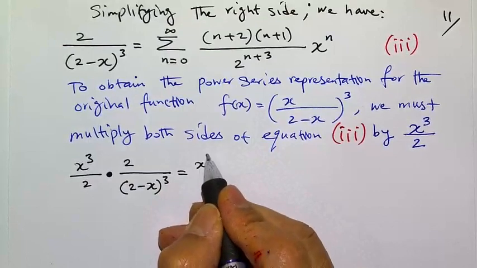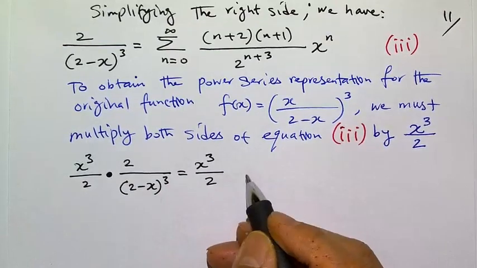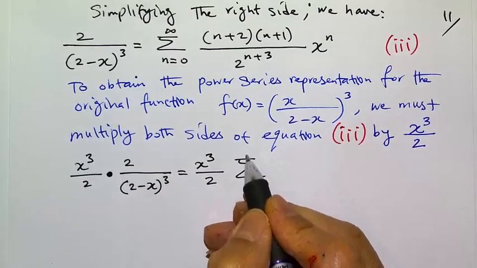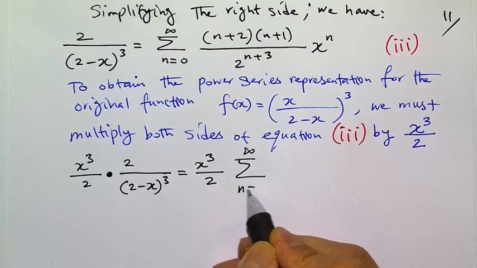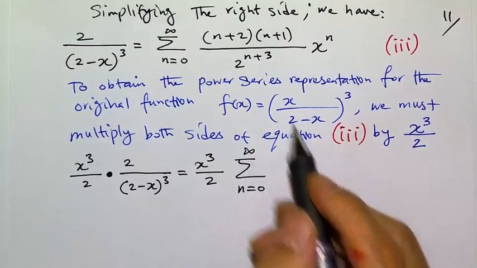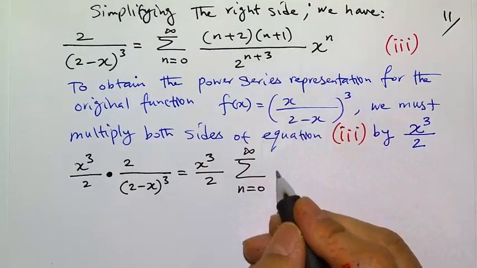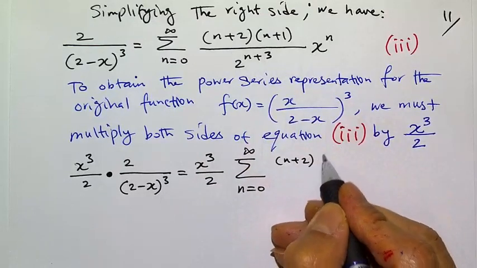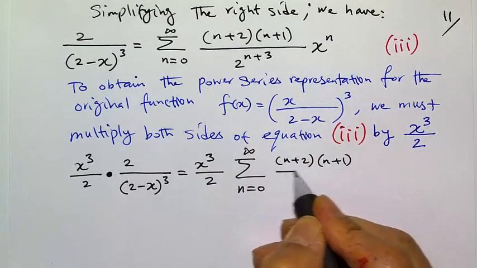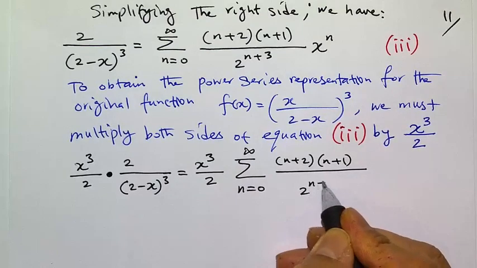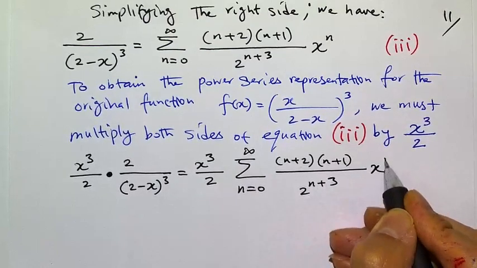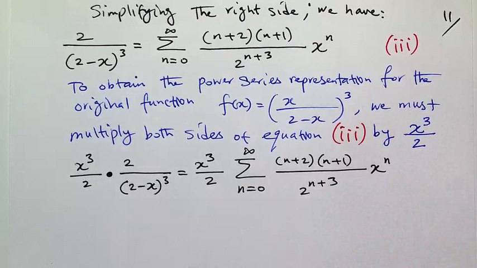So we have x cubed over 2 times the sum for n from 0 to infinity of the rest of it: n plus 2, n plus 1 over 2 to n plus 3 times x to the n power.